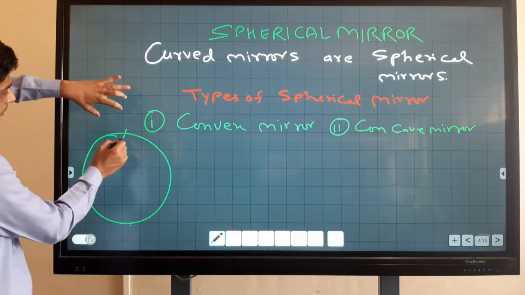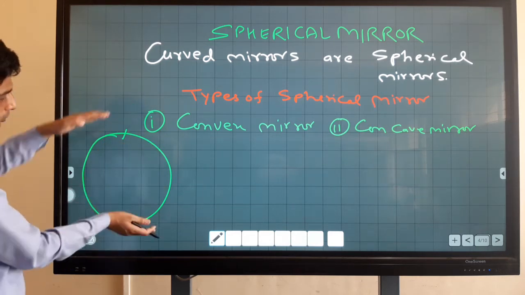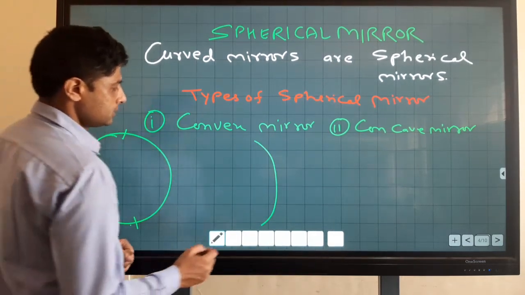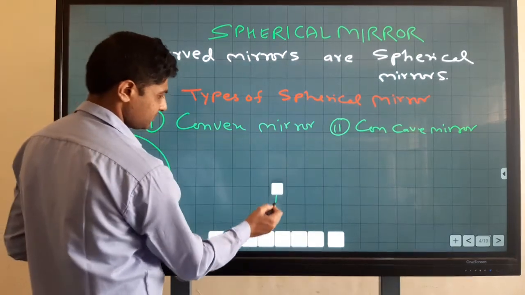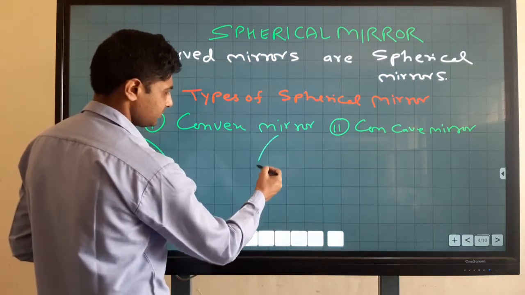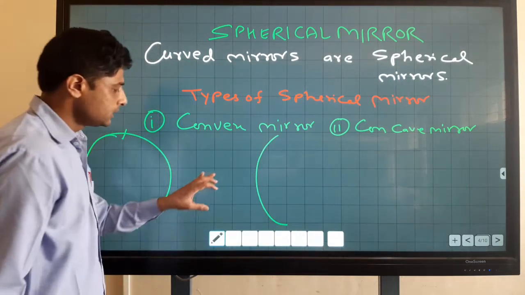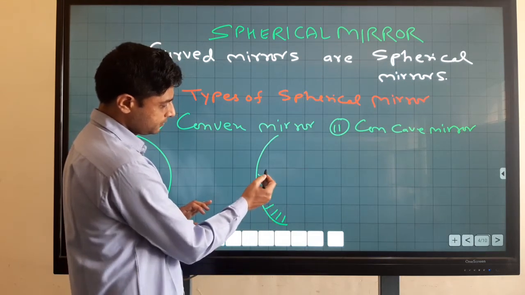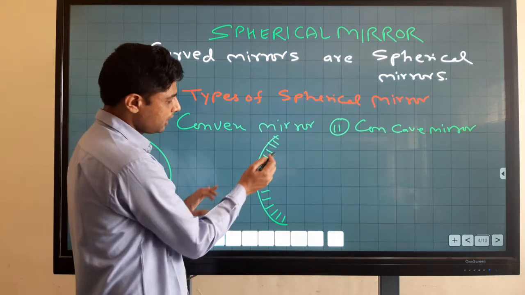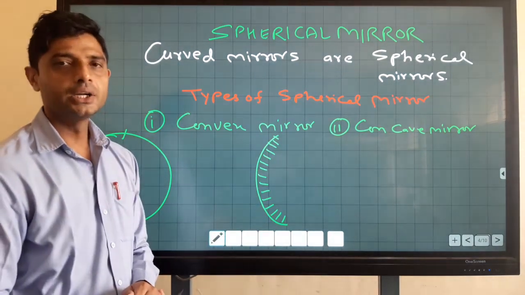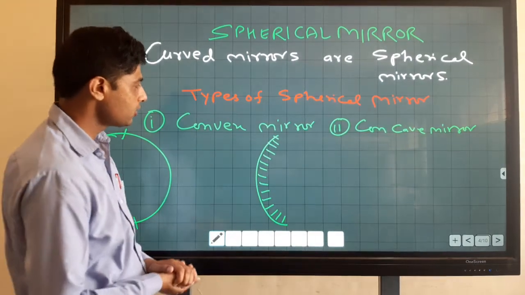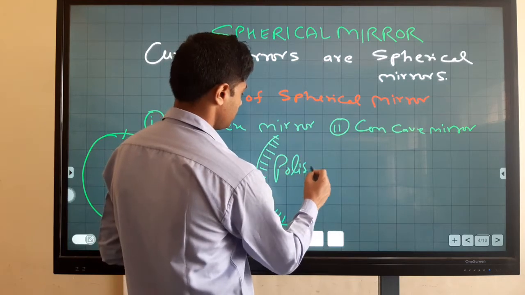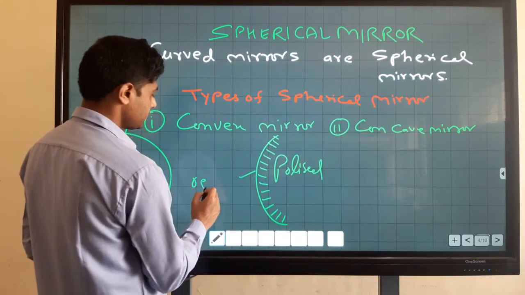If we take a part of this hollow sphere like this, then the inner side is polished by using silver material and the outer side behaves as the reflecting surface. This is the polished side, and this is the reflecting side.